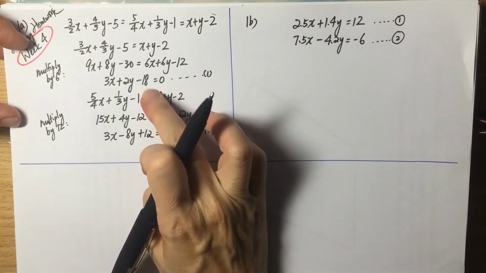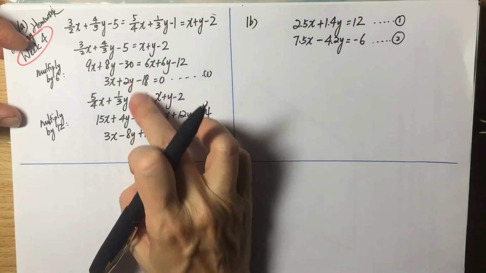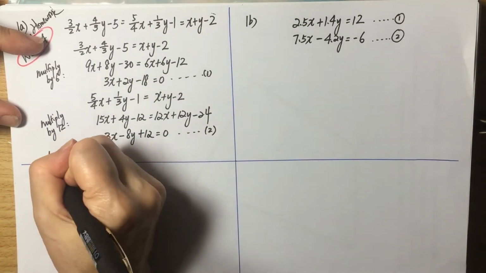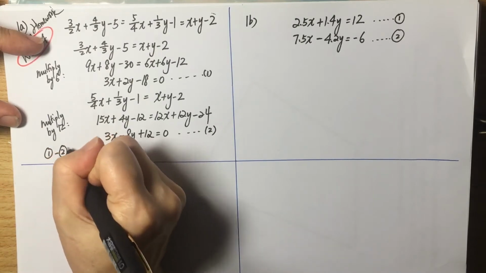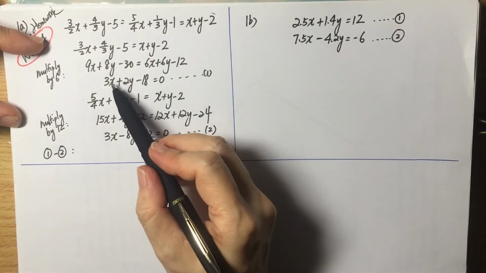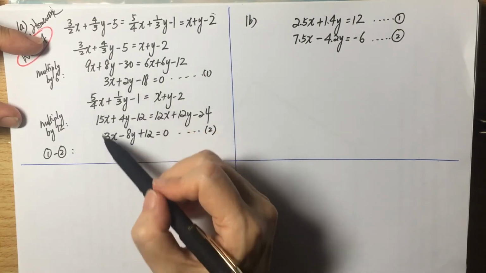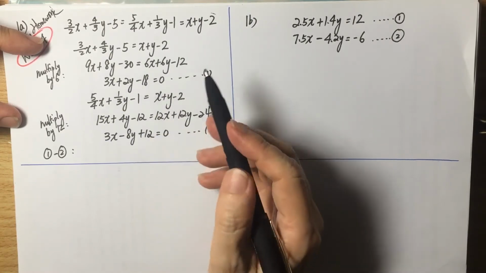So with this equation 1 and equation 2, I'm going to solve for x, solve for y. I'm going to use equation 1 subtract equation 2. Why do so? Because this is 3x, I subtract 3x, my term of x is gone, I'm left with y.